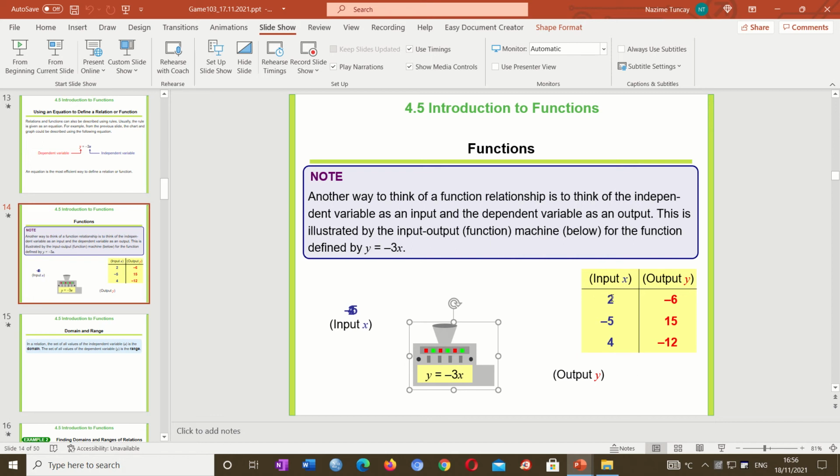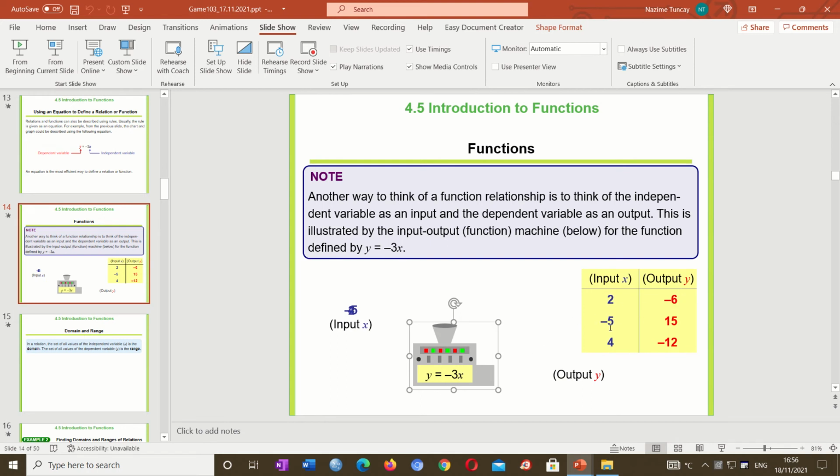For example, if we input 2, what is the result here? We put 2 instead of x, and we have y equals -6 here. Okay? We put 2, -3 times 2 is -6.